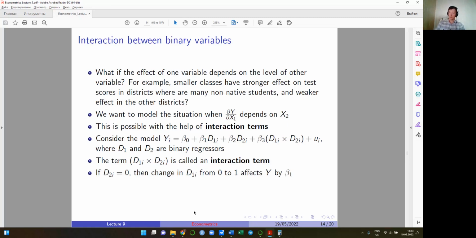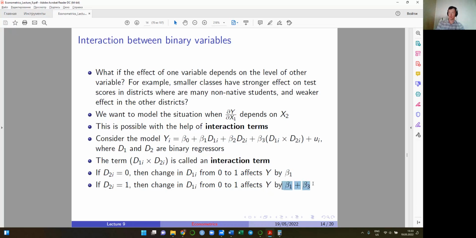Look, the interpretation is very simple. If you plug in D2 equals 0, what is going to be the effect of D1 on Y? This effect is beta 1. Everything is simple. But if D2 is 1, then the effect of D1 is beta 1 plus beta 3.